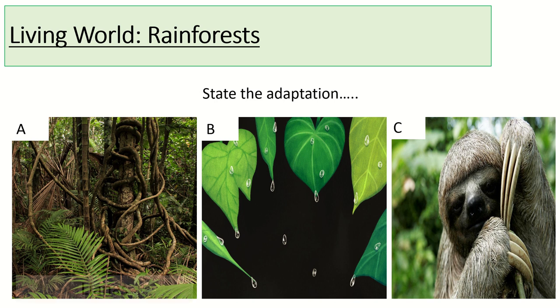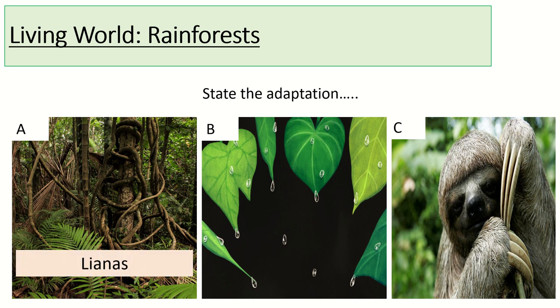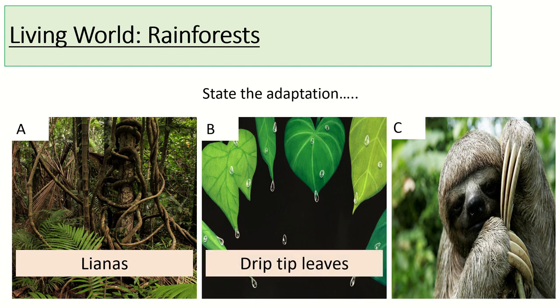So in A, we've got lianas, these roots or kind of vines that grow round a tree to get to sunlight at the top, to stop them from dying on the forest floor. We've got some drip tip leaves where the waxy surface allows the water to run off the leaf, it allows it to photosynthesize better, it stops the leaf from breaking.